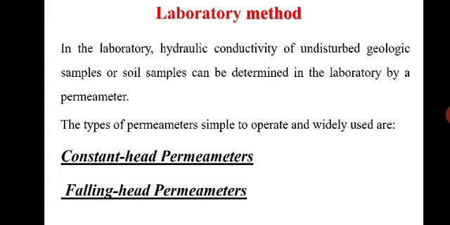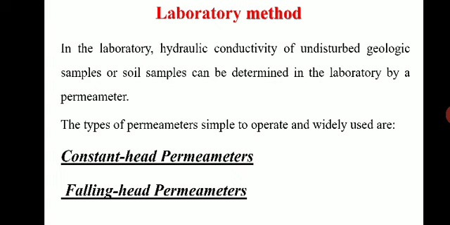Then we'll move on to the next method, that includes the laboratory method. So in the laboratory, the hydraulic conductivity of undisturbed geological samples or soil samples can be determined in the laboratory by a permeameter. A permeameter is an instrument which is used in the lab to determine the hydraulic conductivity of the sample.